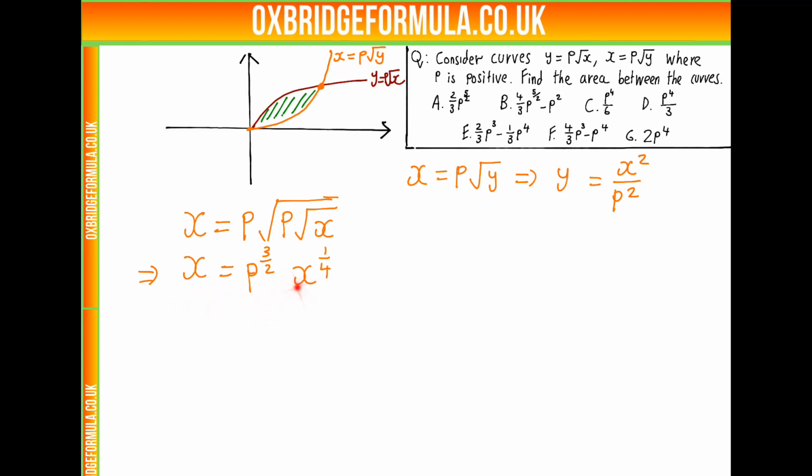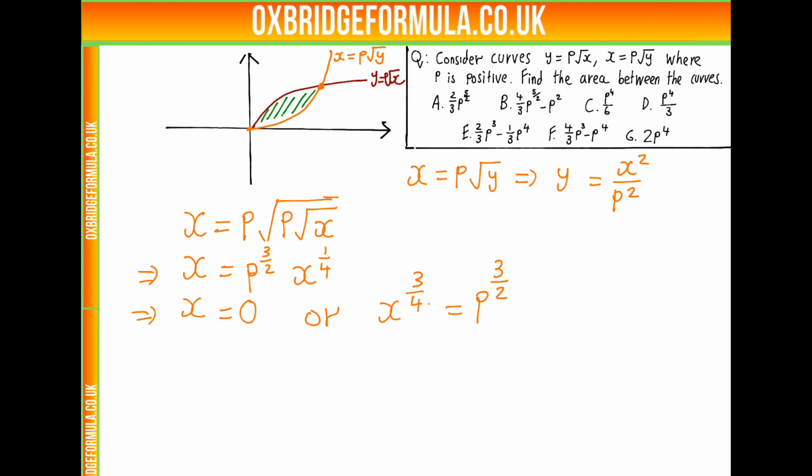So getting rid of some of the square roots and converting to fractional powers, we get x is equal to p to the 3 over 2 times x to the 1 over 4. Now, from here, we've got one obvious solution, x equals 0. But if x isn't 0, we can happily divide through by x to the 1 over 4 and obtain x to the 3 over 4 is equal to p to the 3 over 2.